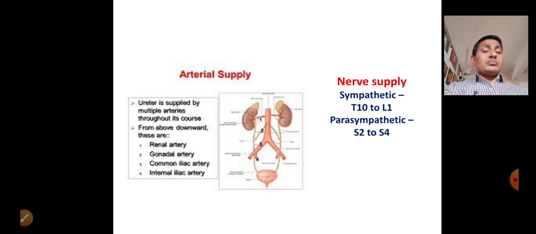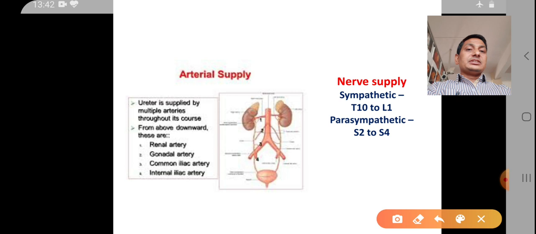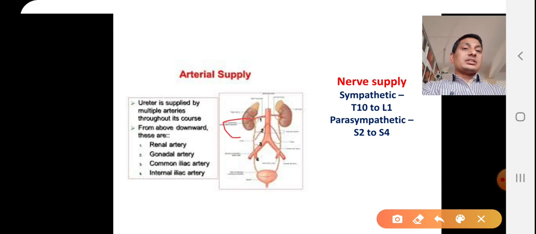Then the blood supply of the ureter. The upper part receives branches from the renal artery. The middle part receives branches from the aorta. And the pelvic part is supplied by branches of the vesical, middle rectal and uterine vessels, also the common iliac artery and branches of the internal iliac artery.